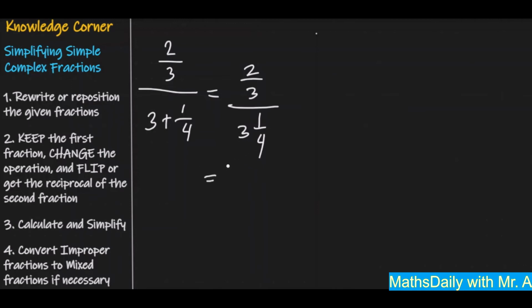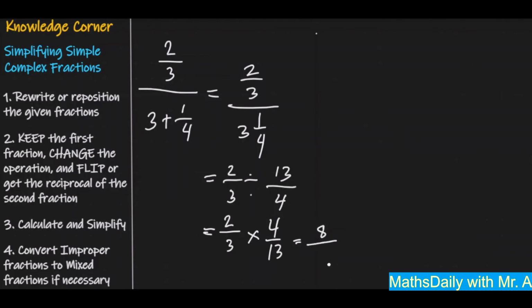This will become 2/3 divided by 13/4. 2/3 times 4/13. This will give us 8 over 39. This is our final answer.